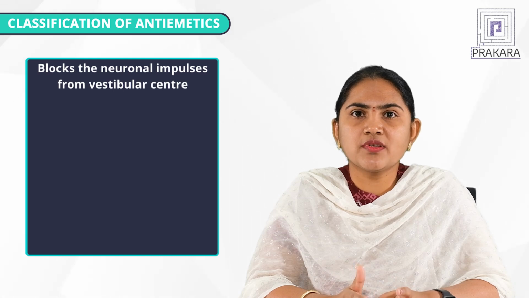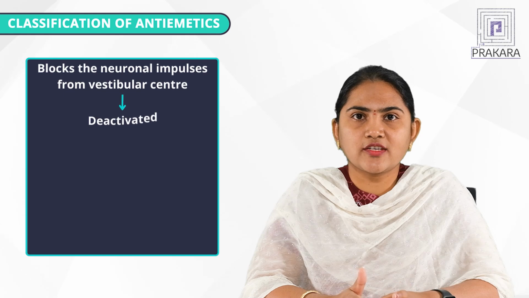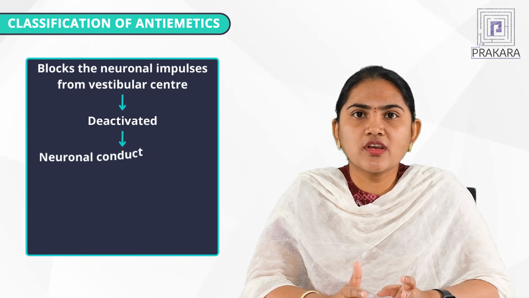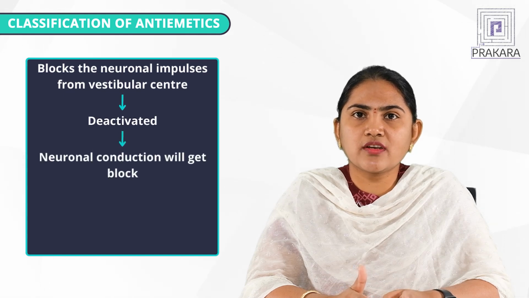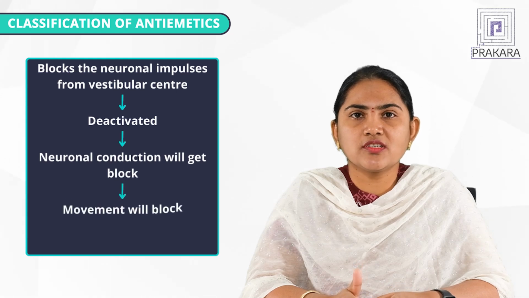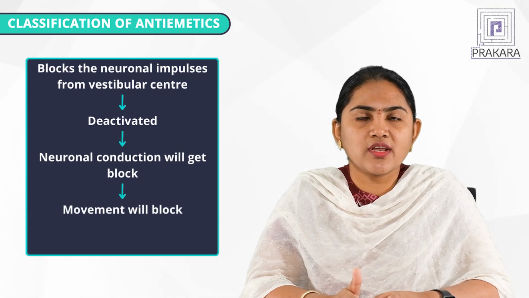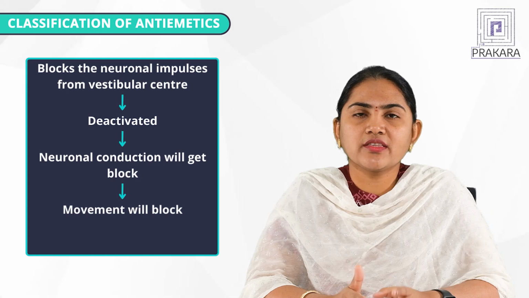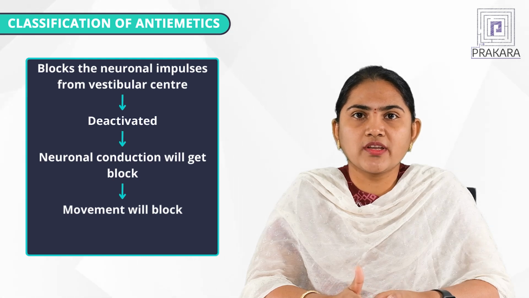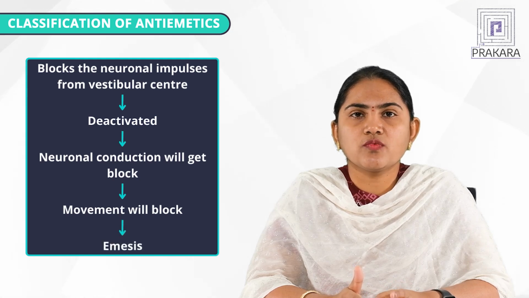When there is a disturbance in the vestibular center, this vestibular apparatus gets deactivated. As a result, the neuronal conduction from the vestibular apparatus towards the CTZ, which is present in the medulla, will be blocked. Thereby a drug like scopolamine will block further emesis.